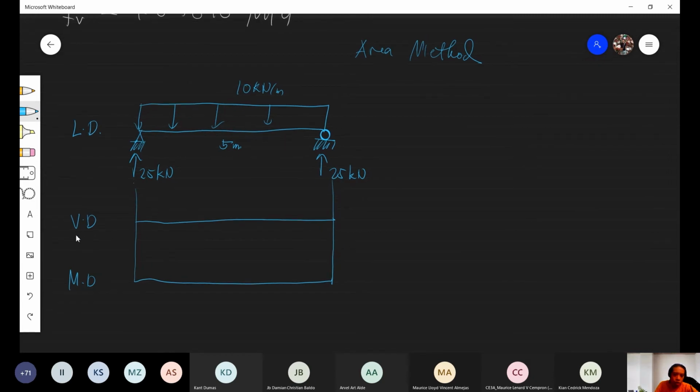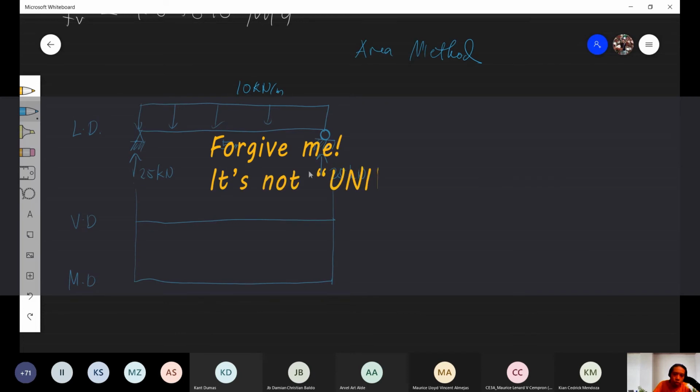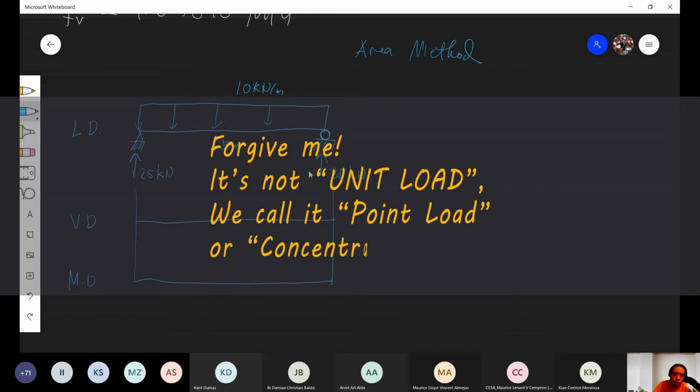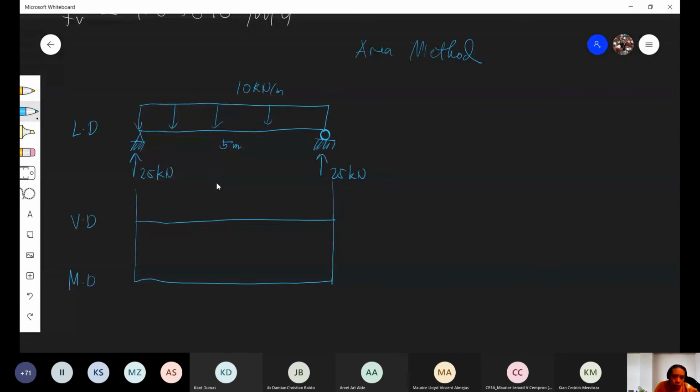Okay, and so how can you draw the shear diagram? Look, there is a unit load here, right? But at the support there is a jump in your shear.